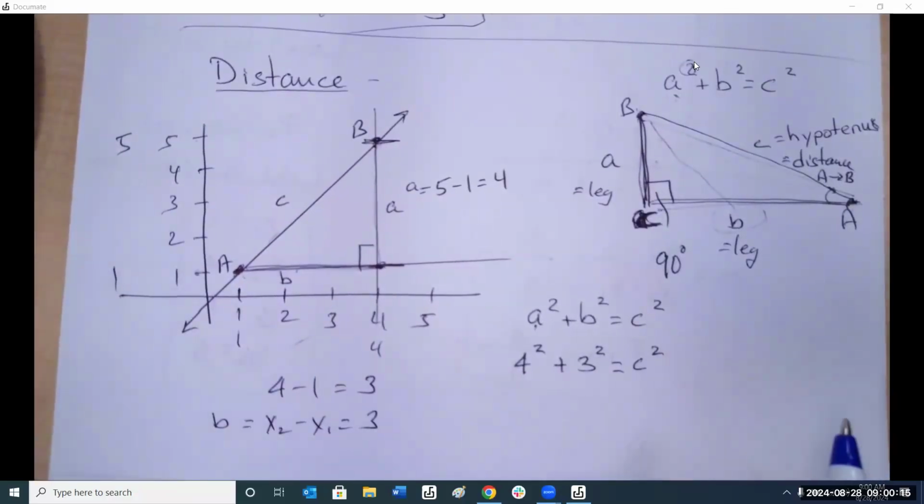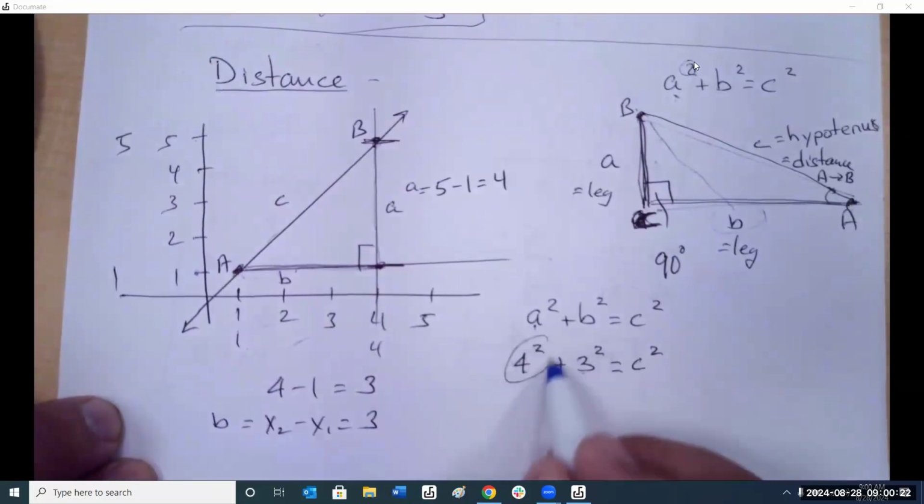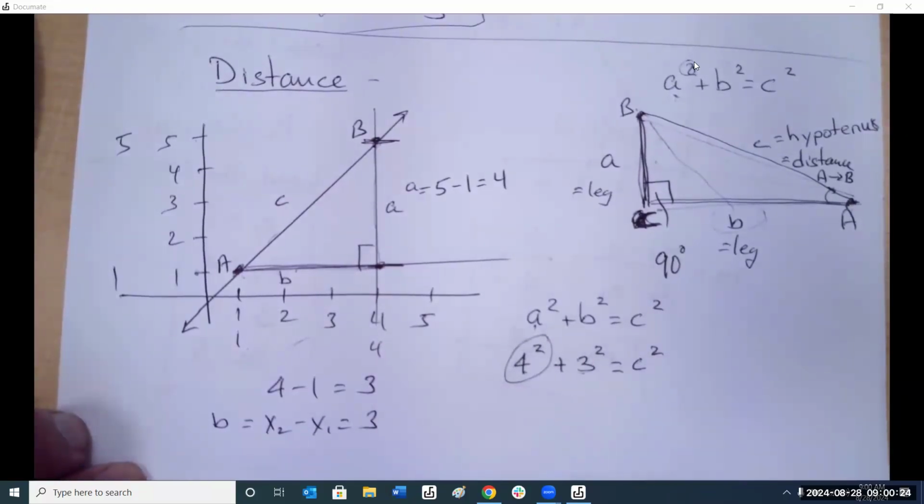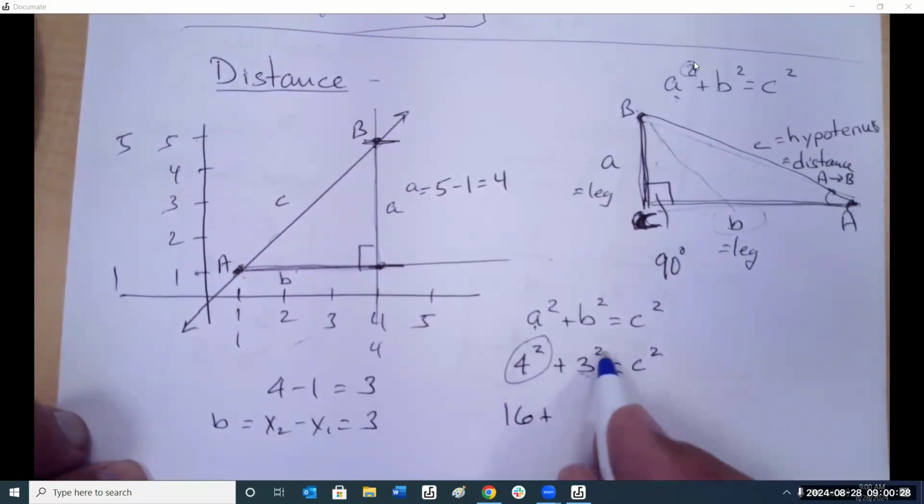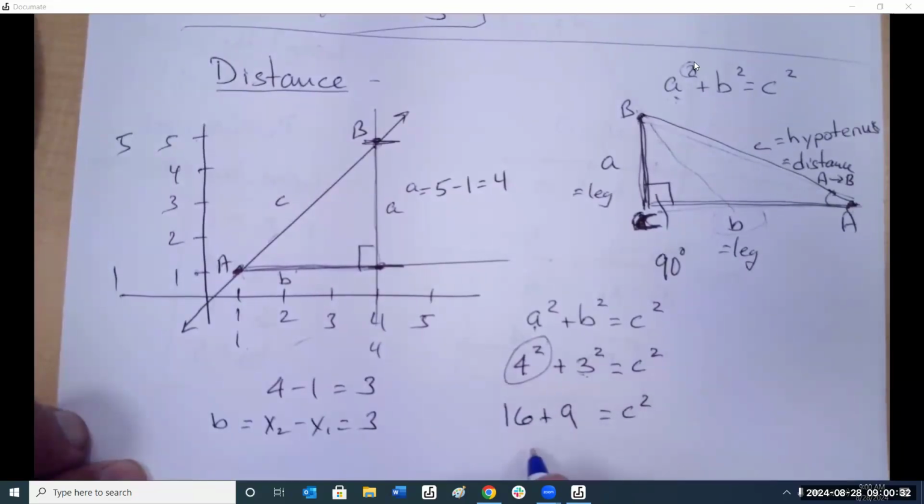Now, remember order of operations. Exponents or addition, which one do you do first? Exponents, special operations. So 4 squared means what? 16. 4 times 4 is 16. 3 squared is 3 times 3. 16 plus 9 is 25.